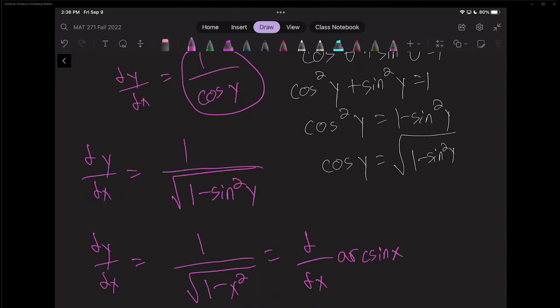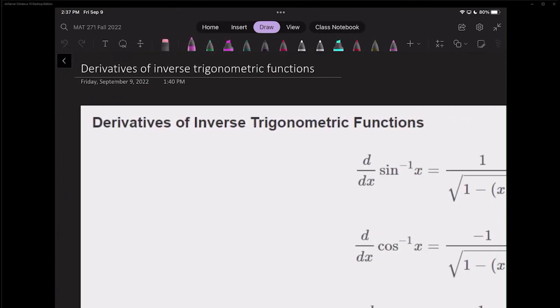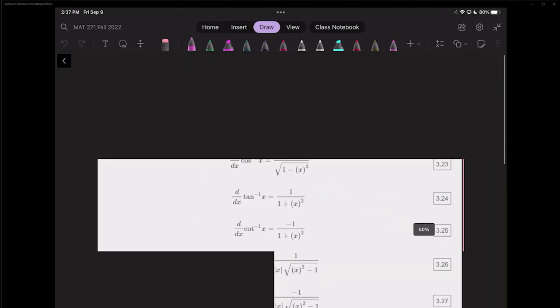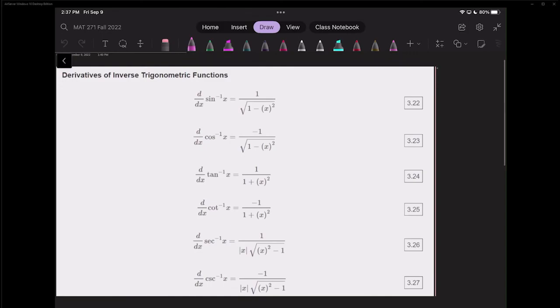The derivatives of other inverse trigonometric functions can be derived similarly. And right here, we have a list of all of the derivatives of inverse trigonometric functions.